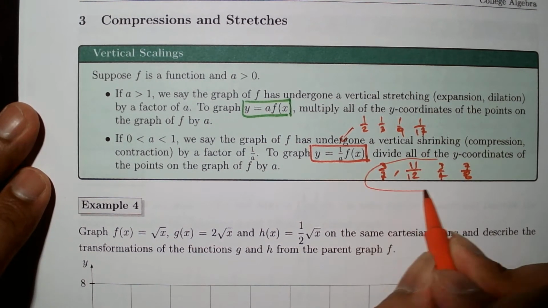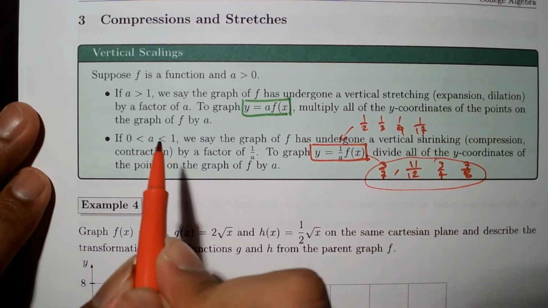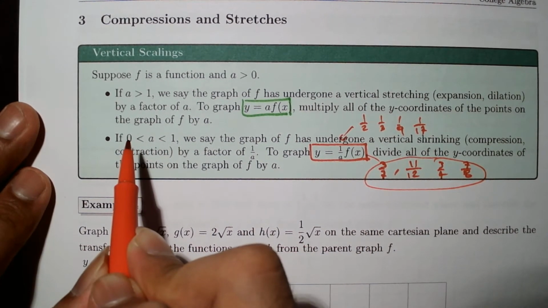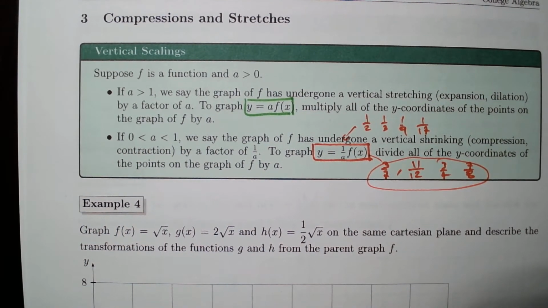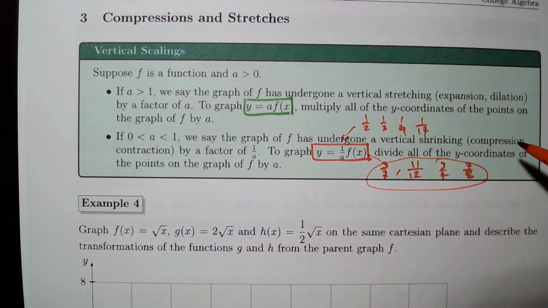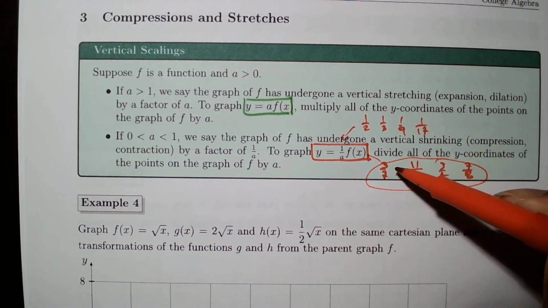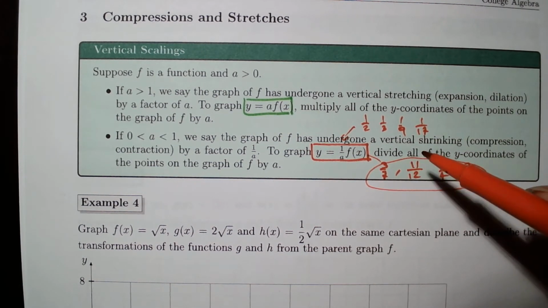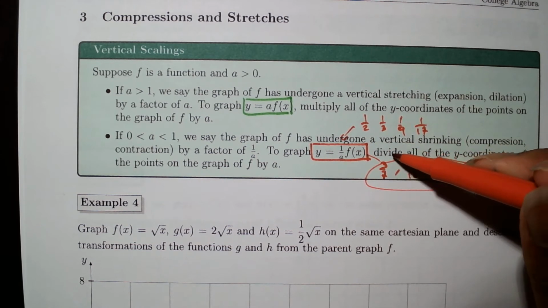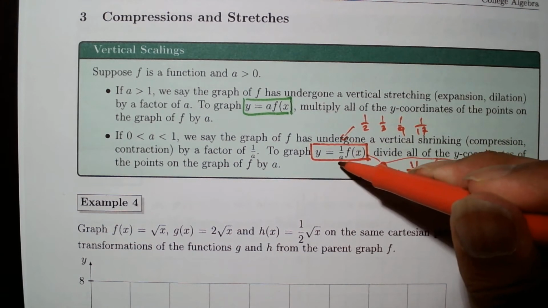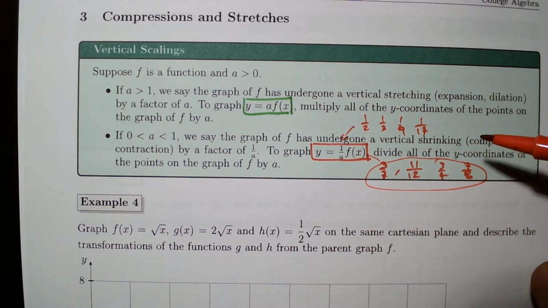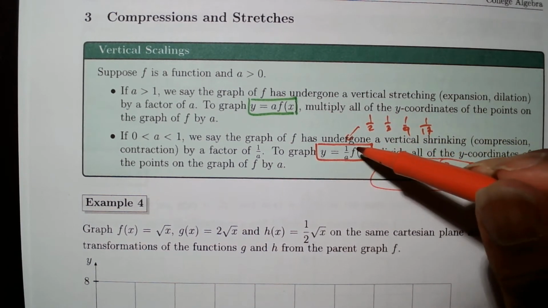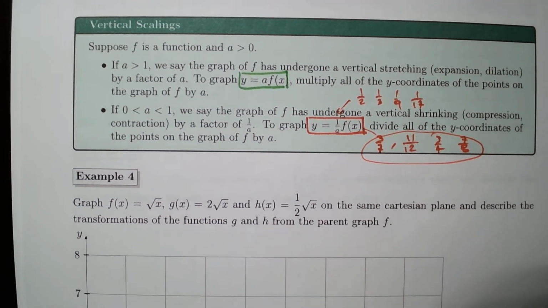All these numbers still meet this condition. They are between 0 and 1. And in that case what we do is still multiply by these fractions. Again, I use the word divide, but that's when we have some 1 over a. So we just divide by a, or simply multiply by 1 over a.